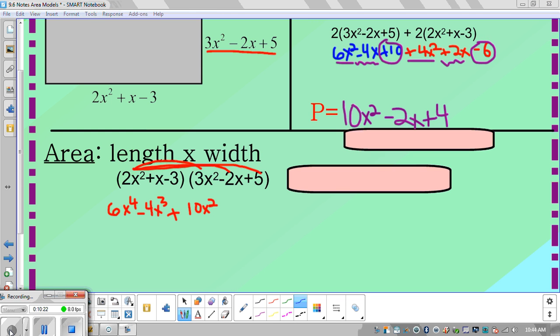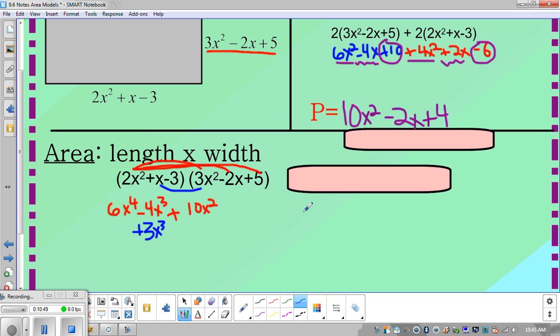Please check, I distributed the 2x squared and I got 6x to the 4th minus 4x to the 3rd plus 10x squared. I now am going to distribute the x. That would give me 3x to the 3rd, which is positive. I am going to stack my like terms just so it makes it easier later when I must add them together.